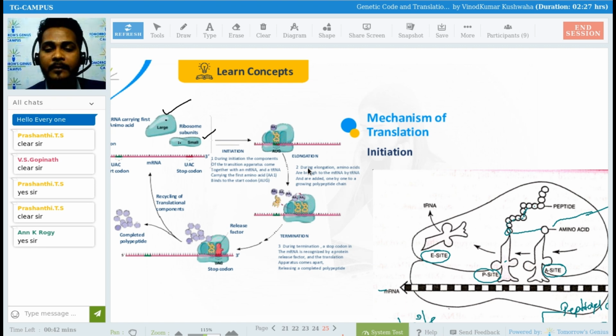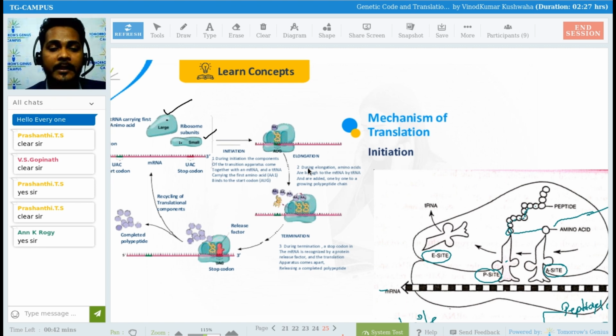That means once it binds the P site, it requires GTP and the initiation factors. During the initiation, the components of the translation apparatus come together with an mRNA and a tRNA carrying the first amino acid, AA1, which binds to the start codon AUG.